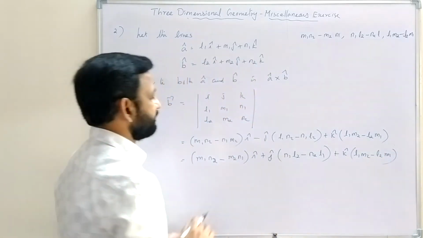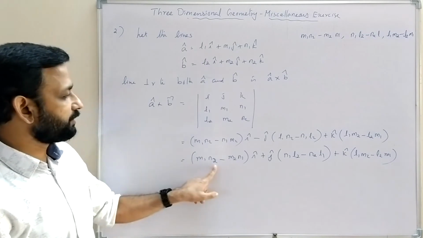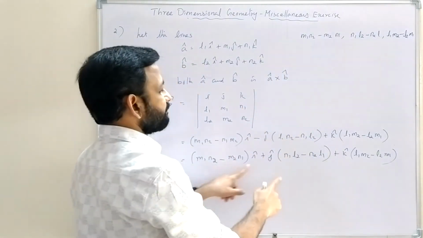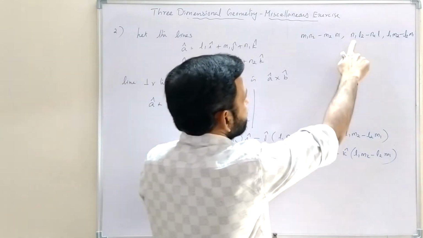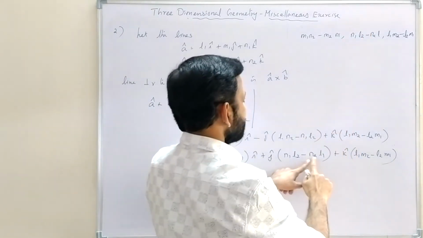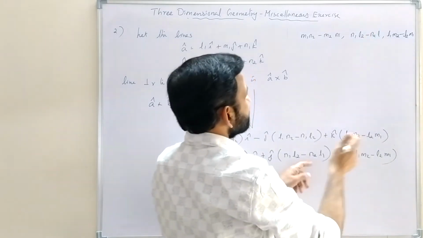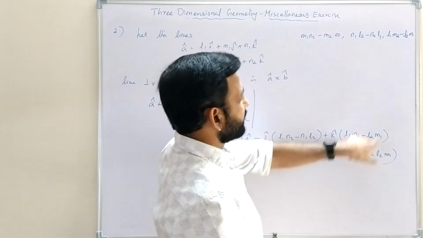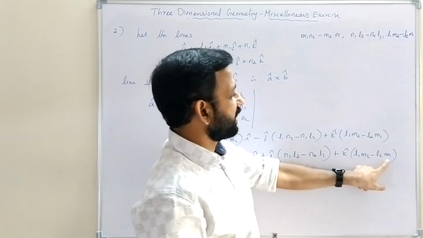So now we can verify. M1 N2 minus M2 N1, same. Then N1 L2 minus N2 L1. Then L1 M2 minus L2 M1.